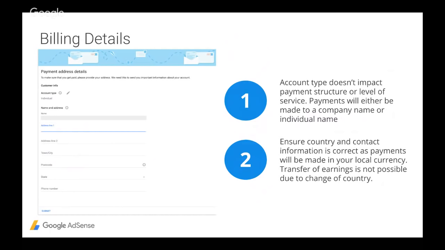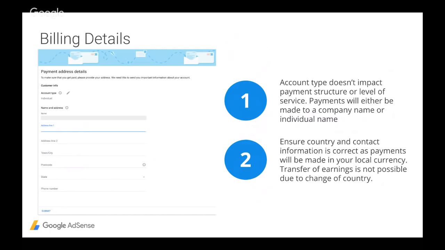But if you are an individual, please select individual, or if you are opening this AdSense account for your business, please select business. In that case, your payments will be sent to a bank account under your company name, but there's no difference with regards to the level of service you will be getting.